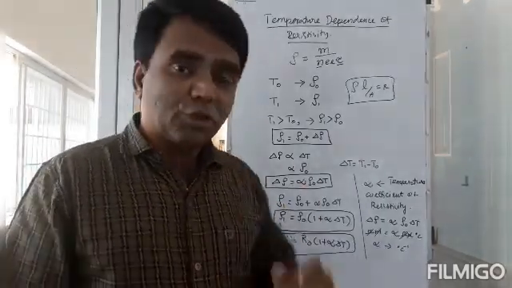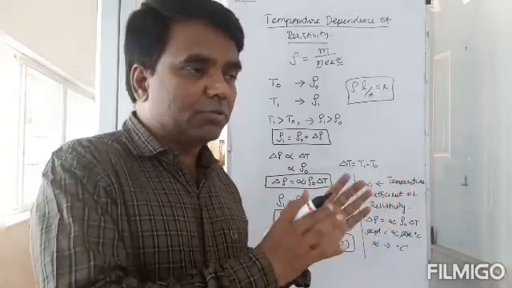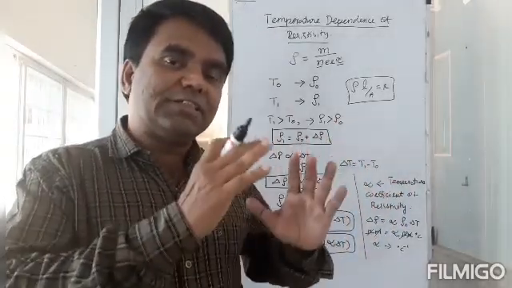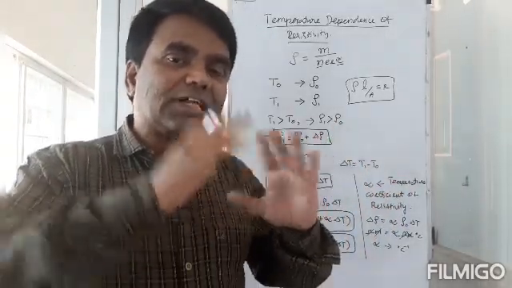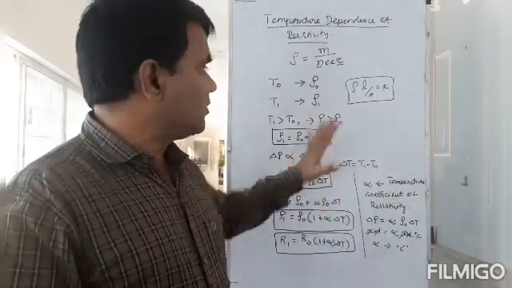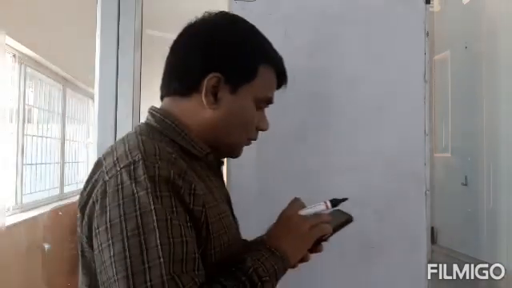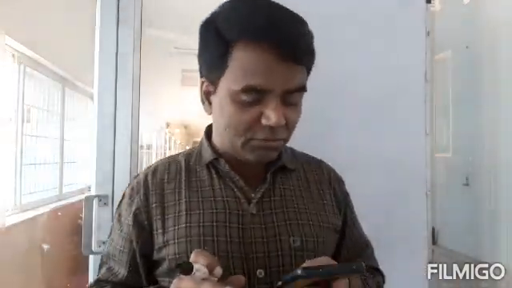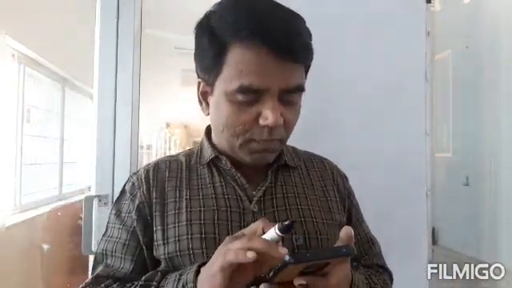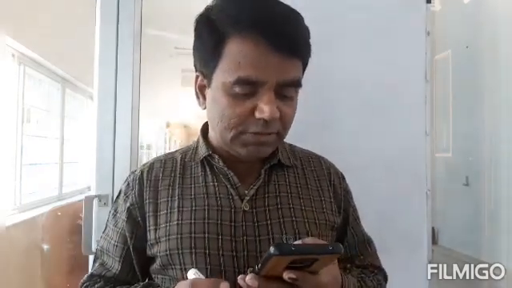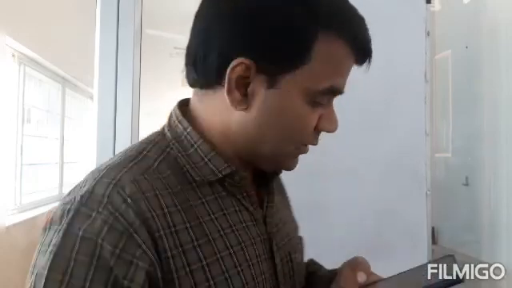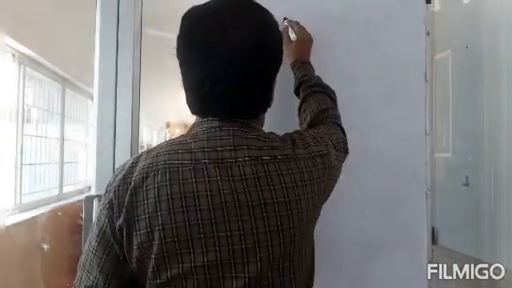So I hope this is clear to you, and then we'll talk about the temperature-resistivity graphs of some of the materials, and then we'll do a problem. We'll draw 3 graphs now. One is the resistivity graph as a function of temperature for copper. So it is something like this.